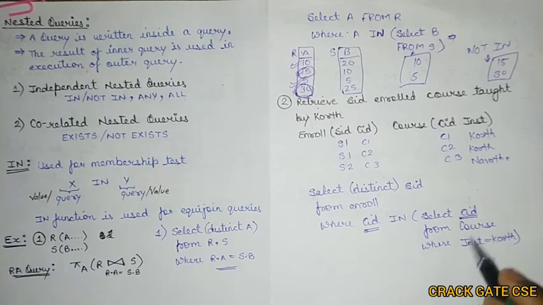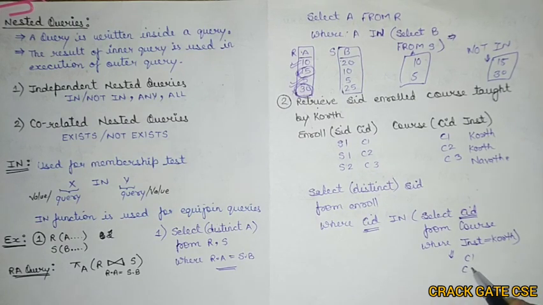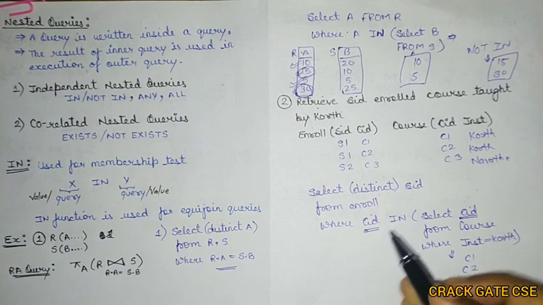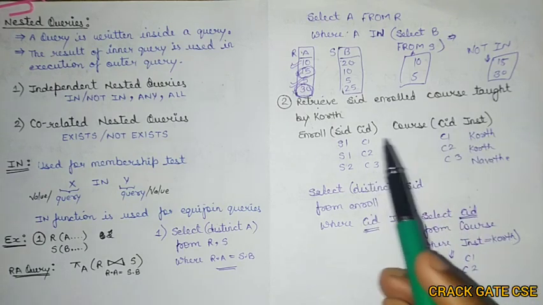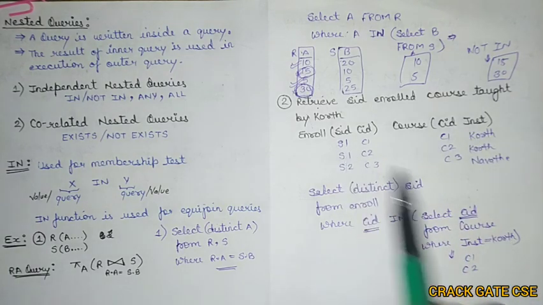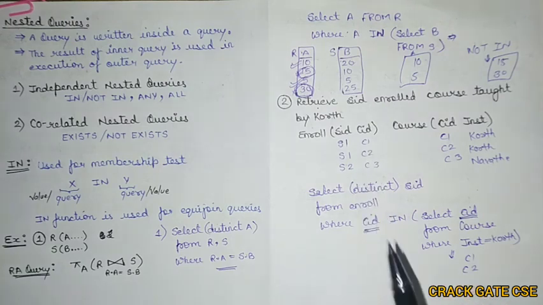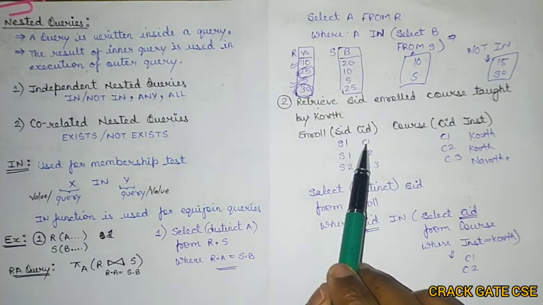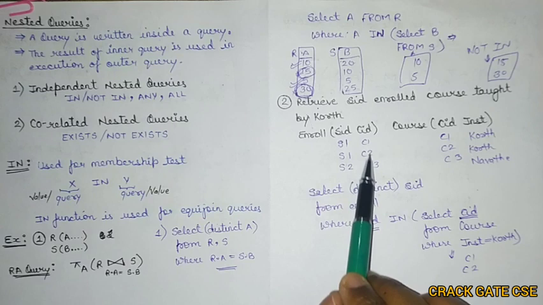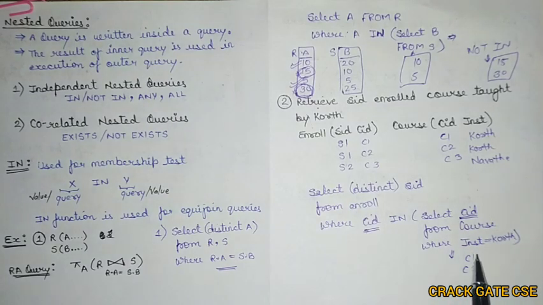So this particular subquery will give you the output where the course instructor is Korth. So it will give C1 and C2 as the output. Now we are having different student IDs and different course IDs. Now we have to make sure that these CIDs are equal to the values obtained by the subquery.